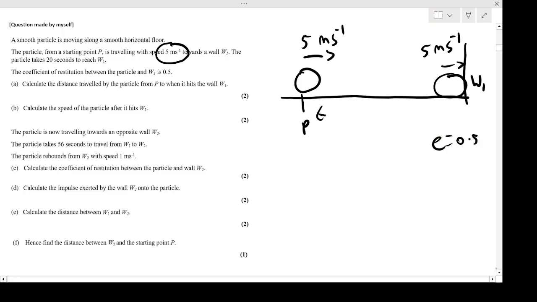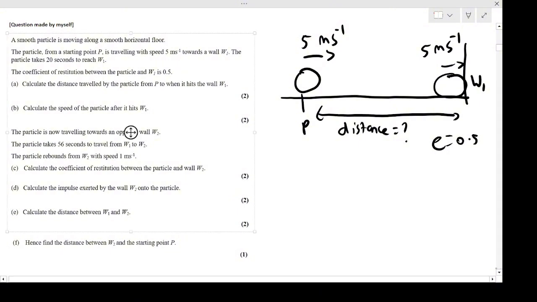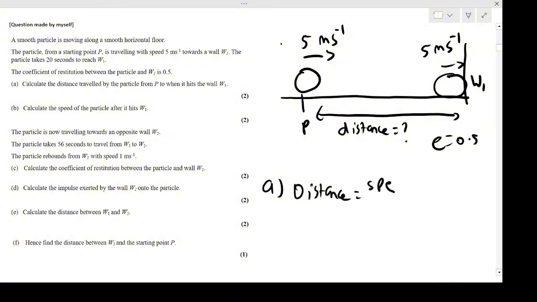Actually, it's going to be this distance here. What is that distance going to be? We know the speed is 5, and we also know it takes 20 seconds to reach the wall. So we can quite easily use my distance, speed, time formula. The distance is going to be speed times time.